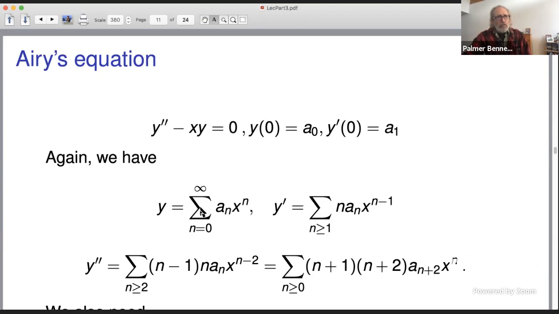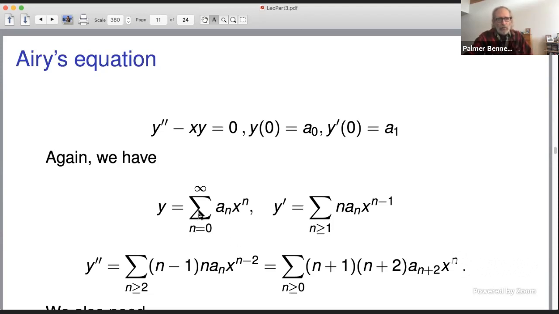So we start out the same way. In fact, you can use these calculations over and over again. You should learn how to do this, but considering that you're just doing the same thing over and over again, you can just copy these calculations for derivatives when you have a different problem.